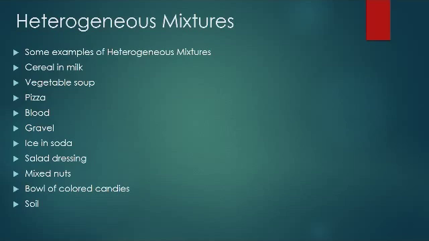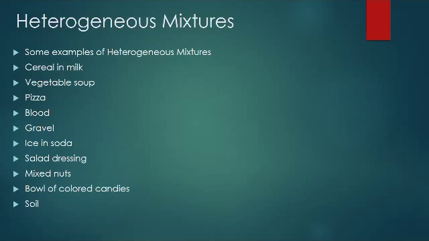So if I ask you to pick rice from milk, you'll be able to scoop it out from the milk using a spoon. This makes it a heterogeneous mixture. The mixture is not uniform. It's a mixture where you can see one substance in the other.